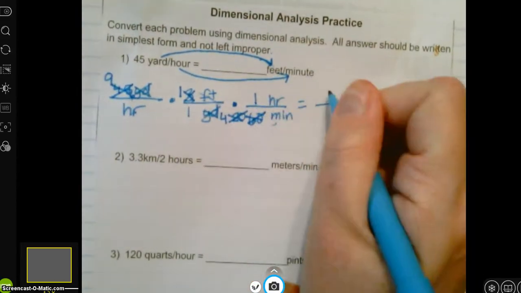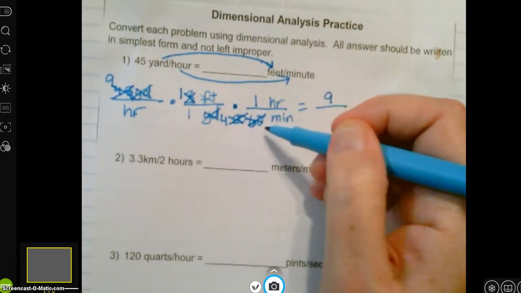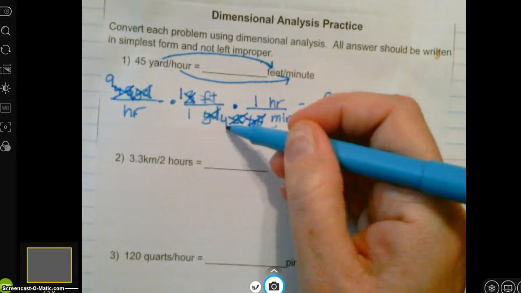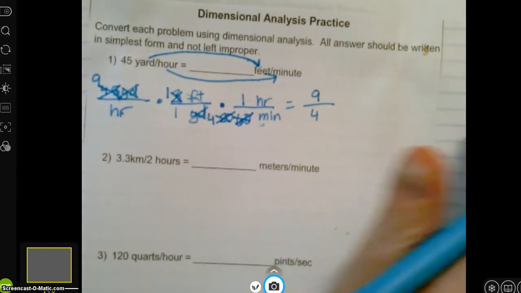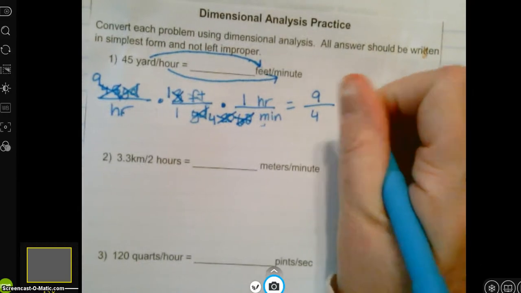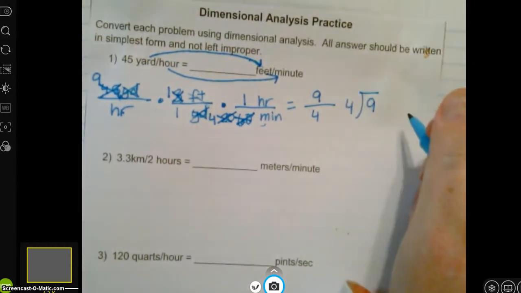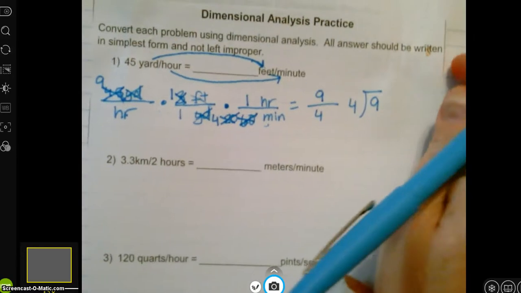So on top I just have 9 times 1 times 1. And on bottom I have 1 times, and we have a 4 here. 1 times 4. Okay? So now all we need to do is divide it. And we can make it into a decimal. This time I'm actually going to make it mixed because there are a few of you out there that are still struggling with making mixed numbers.